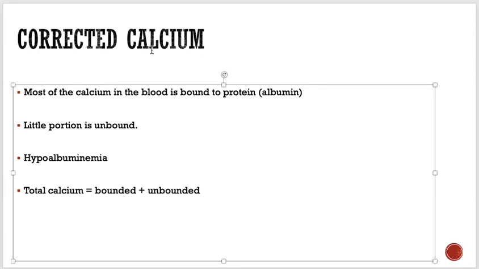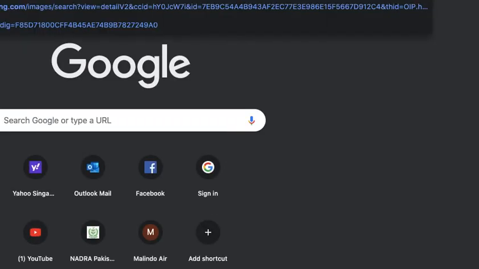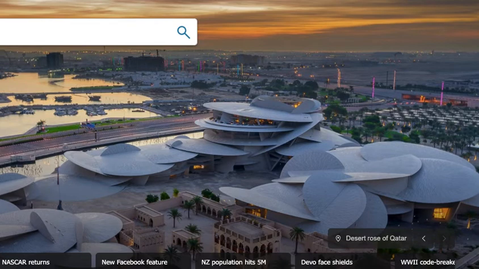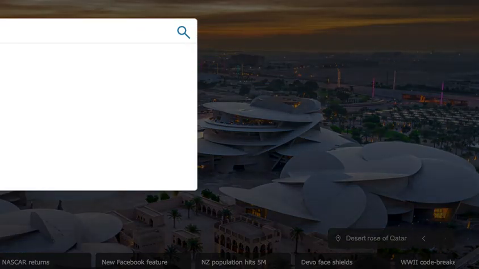The definition of corrected calcium is the calcium level corrected for the fact that albumin is abnormal. So this is the corrected calcium, keeping in view the level of albumin. I will show you with the help of Bing.